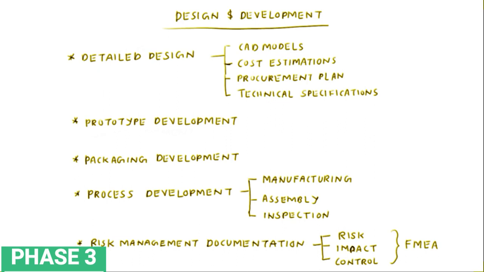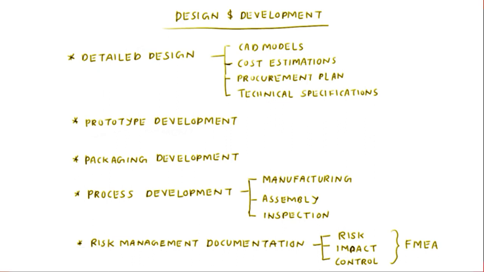The FMEA, the failure mode and effects analysis, is a part of risk management documentation. There are specific steps and standards to be followed to evaluate each and every risk, and it has to be documented effectively to show evidence to the FDA during the registration of the product.